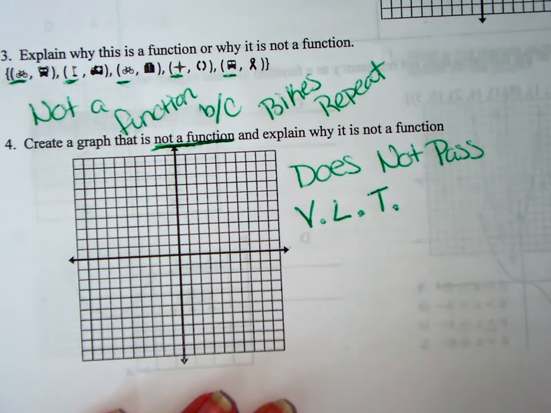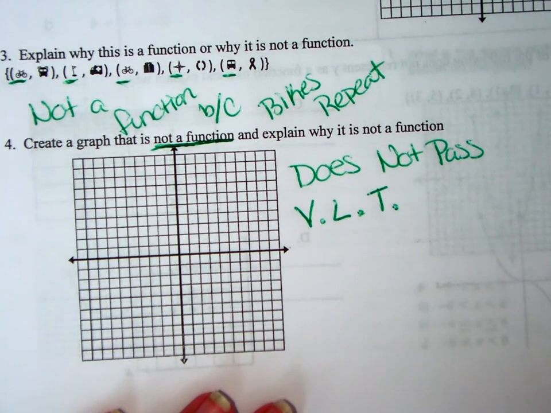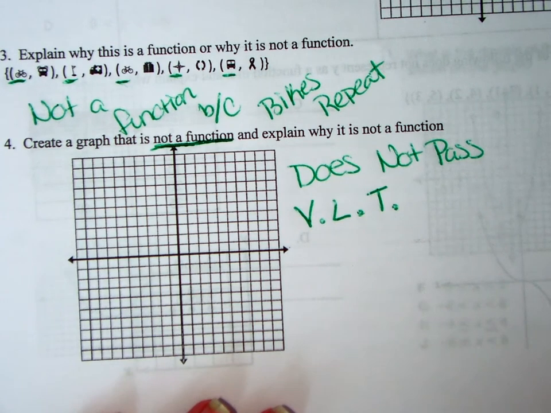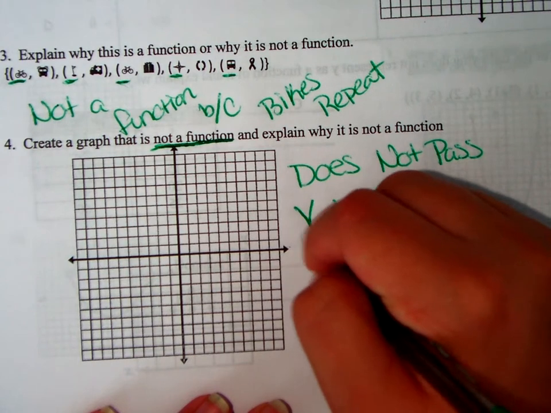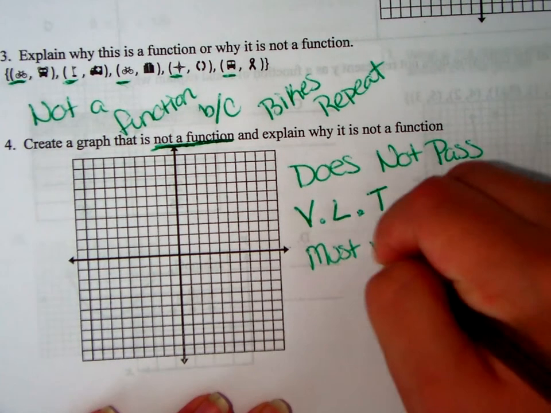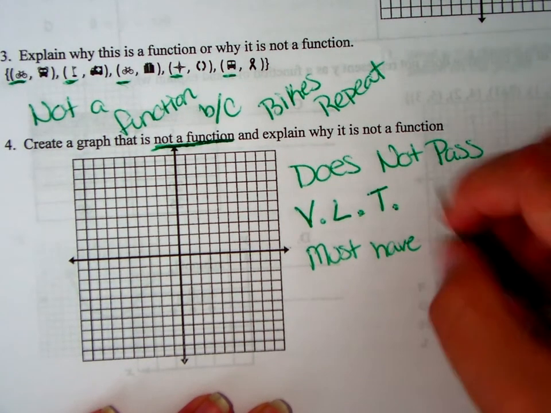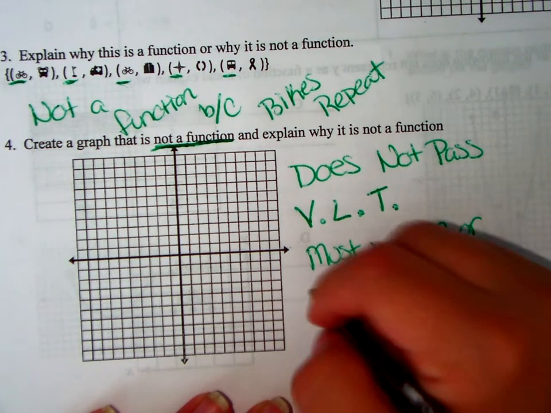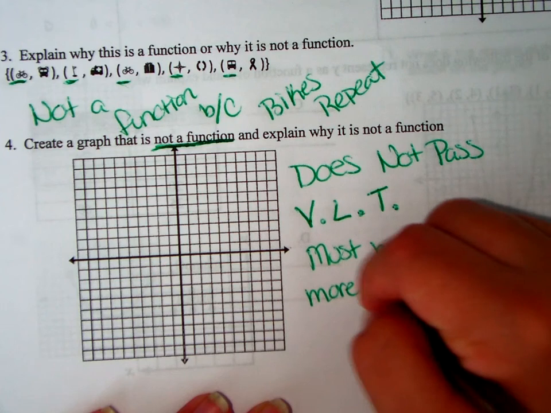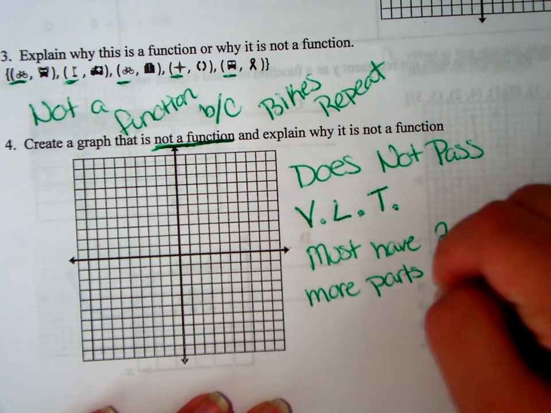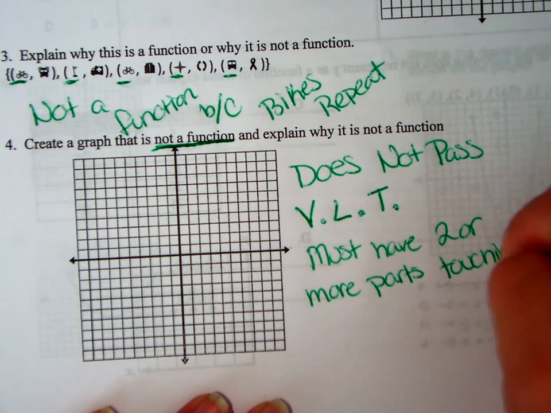What does that mean, though? What is the vertical line test? Oh, it's like, if there's 2 dots on one line. So that means there must be 2 or more parts touching a vertical line.